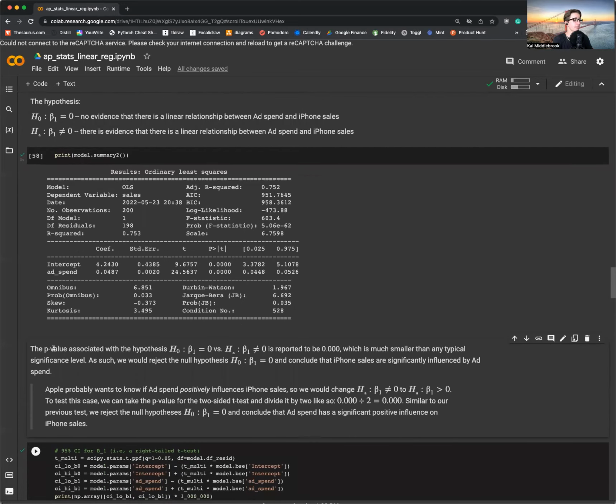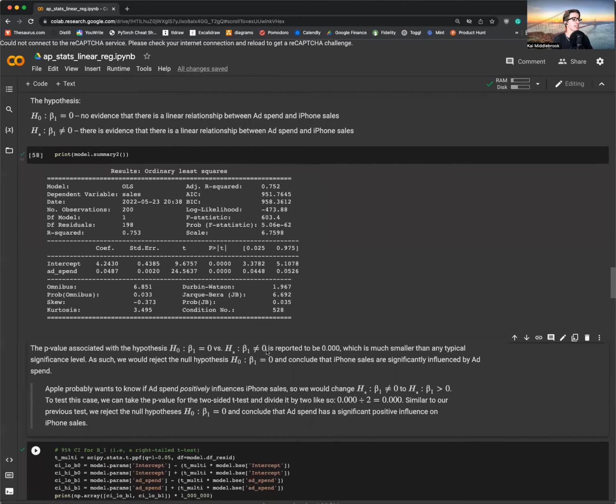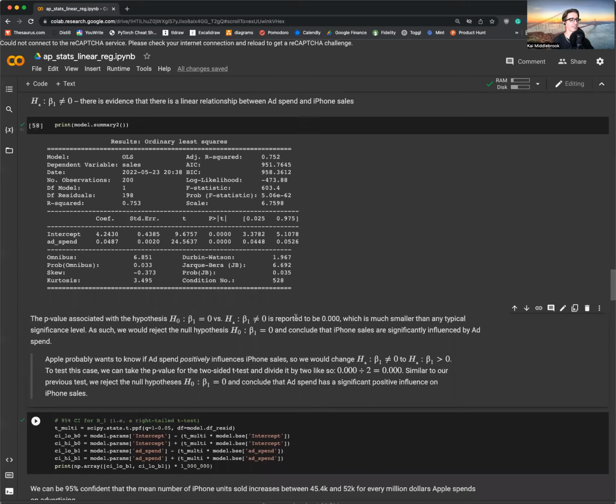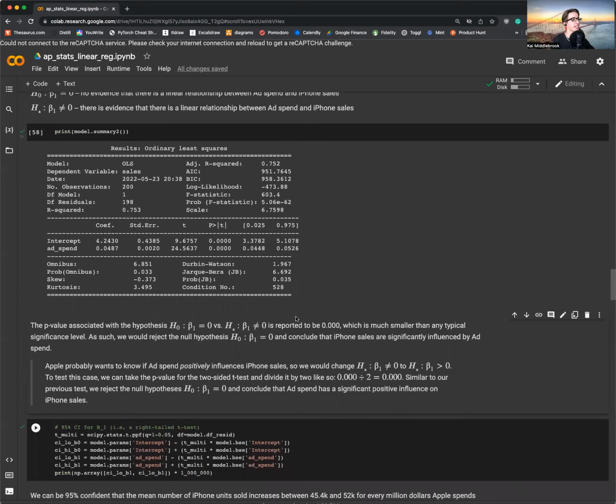Looking at the p-value for our slope, we can see that it's reported to be 0.00 to the fourth decimal. And this is significantly smaller than any typical significance level. Or well, I should be careful with saying that, because this is statistics, but it is much smaller than any typical significance level.